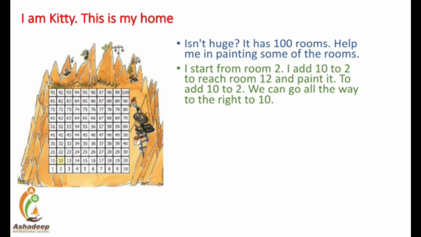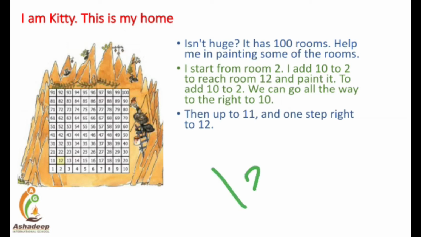Next thing is that up to 11, one step right to 12, right? See, if we are adding 1 to 10, then up to 11 steps के बाद 11 आने के बाद हमें क्या करना है? After 11 we shift one step right, means that we are getting 12, right?